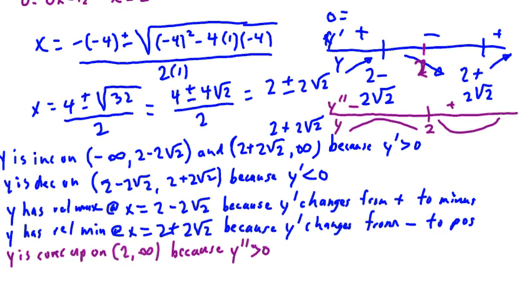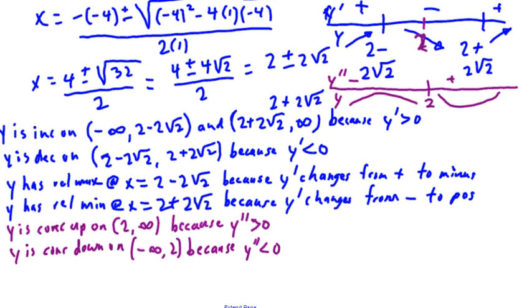And y is concave down on negative infinity to 2 because y double prime is less than 0.